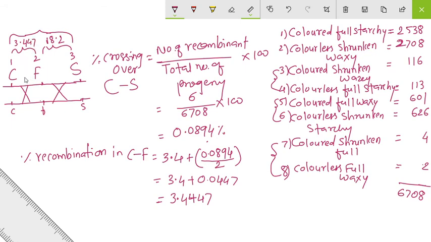It is the percent recombination between C and F. Now we will calculate the percent recombination.